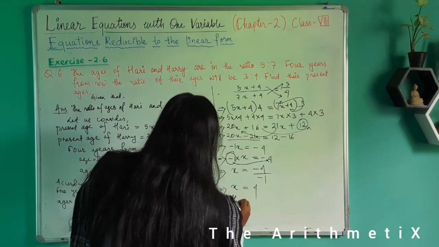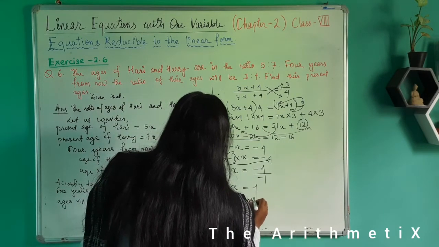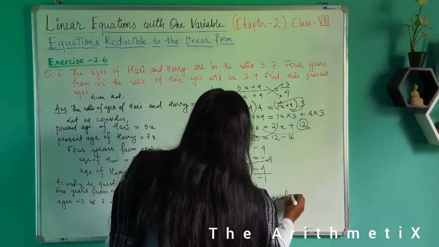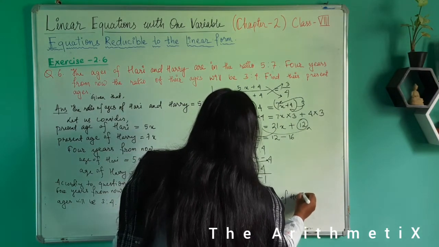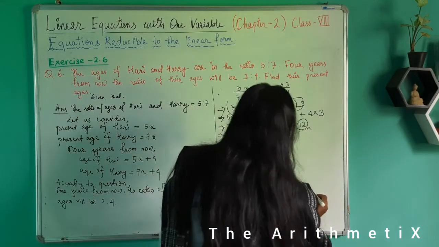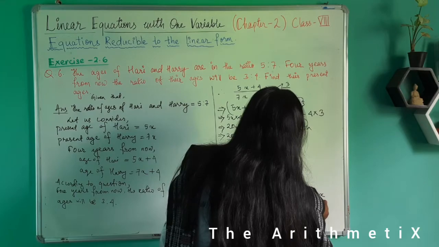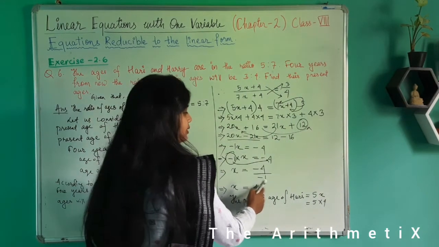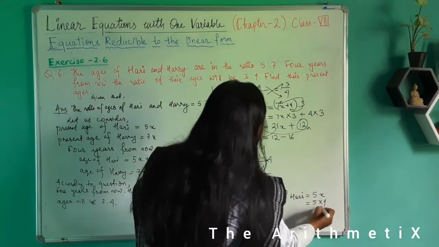Therefore, the present age of Hari is equal to 5x. So this is 5 into 4. I have put the value of x here.